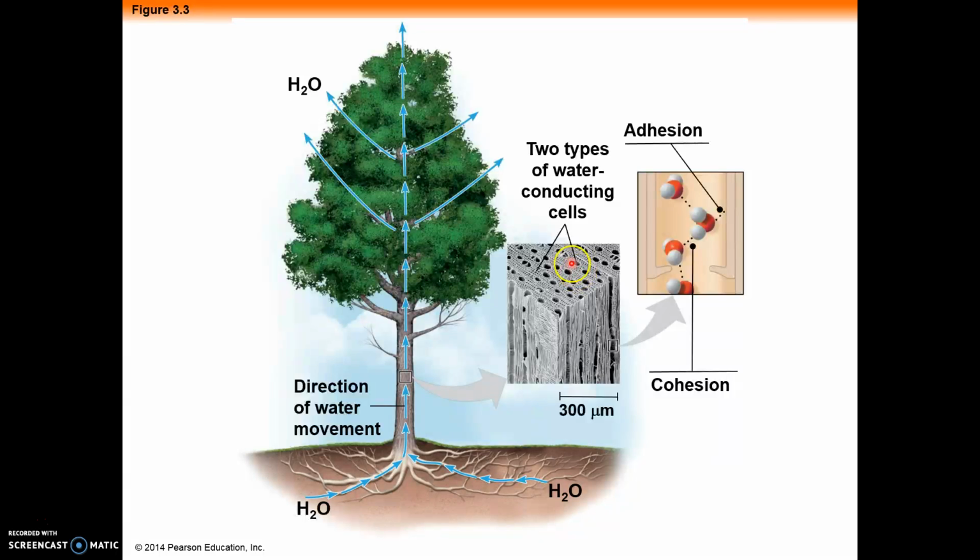Inside of there, water molecules have the ability of adhering to the sides of those walls through hydrogen bonds. In addition to that, that water can link to itself as well. So this combination of adhesion and cohesion helps draw the water upwards and distributes it to the rest of the plant.